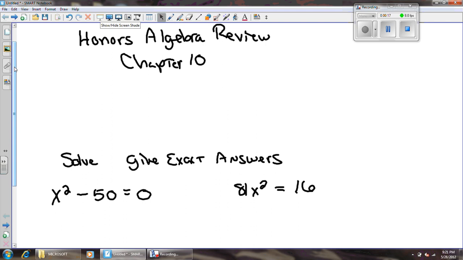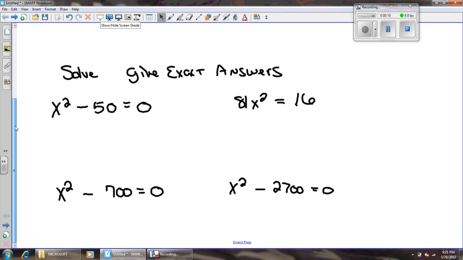Chapter 10, talking quadratics. We need to solve these equations and give exact answers. I'm combining two ideas at once here, solving the equation and then simplifying the rad and giving exact form. So first on this problem, x squared minus 50 equals 0.